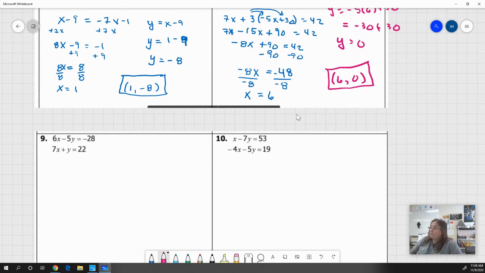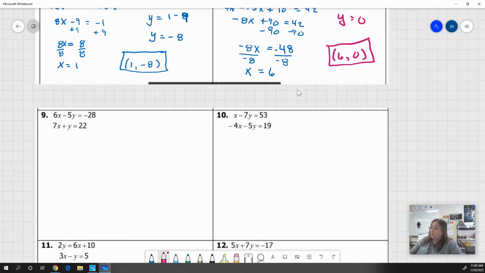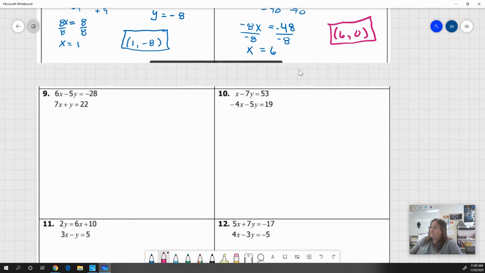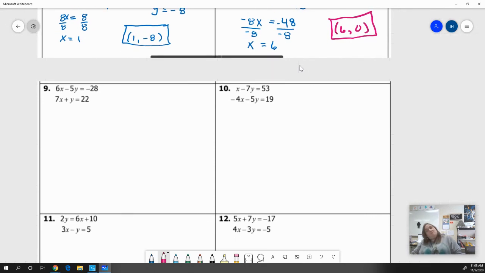Let's look at one where we actually have to solve for it. Don't worry, I'm not going to do every single one of these practice problems. But let's look at number 9. When I want to solve for something and I'm substituting, I'm going to look for a variable that doesn't have a coefficient in front of it, because I know that coefficient is 1. So I'm not going to use one of these.